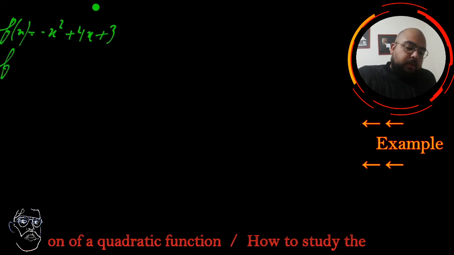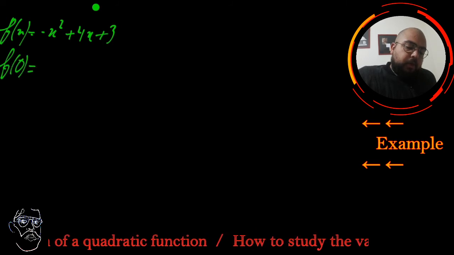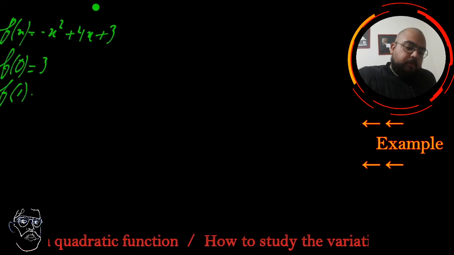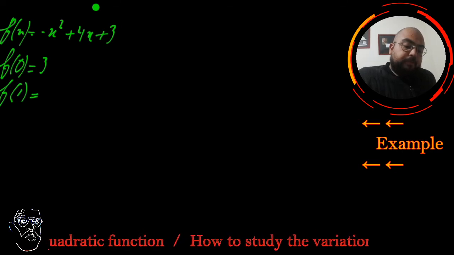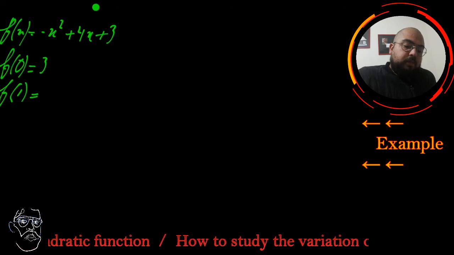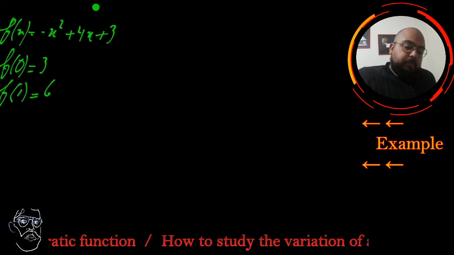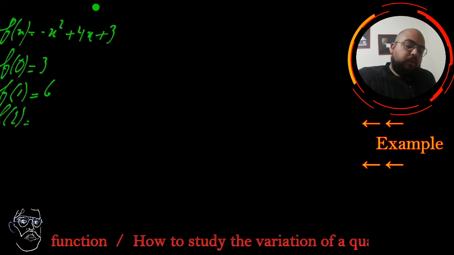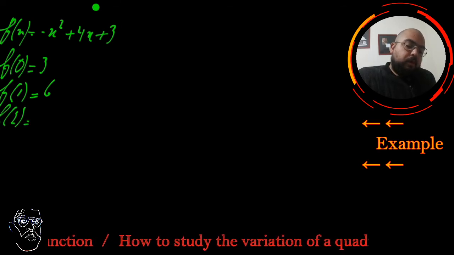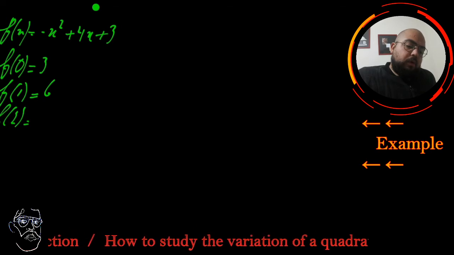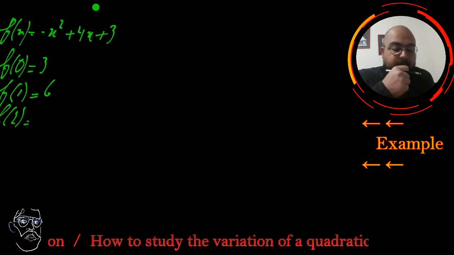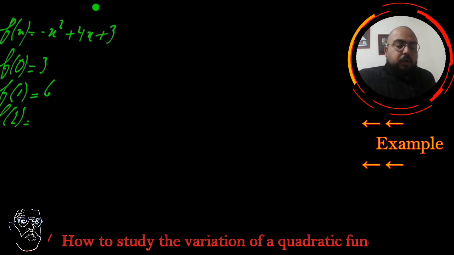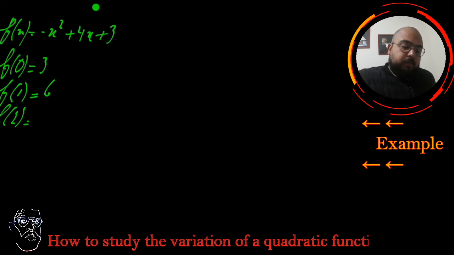So f of 0 is 3. F of 1 is 7 minus 1, 6. F of 2 is equal to minus 4 plus 8 plus 3, 11 minus 4, 7.